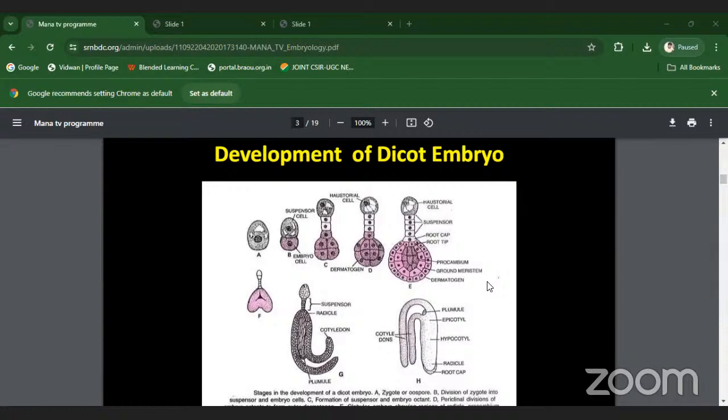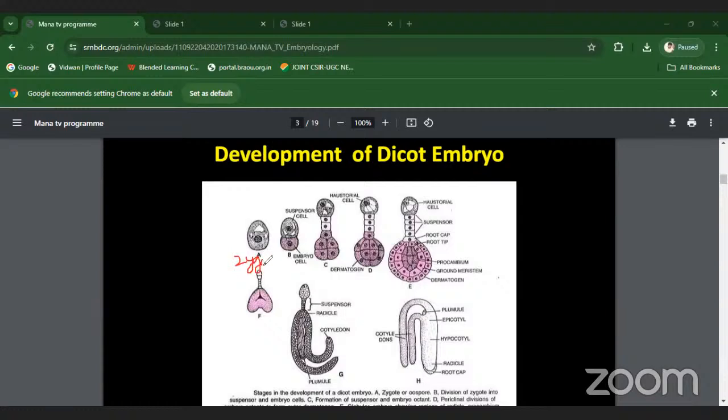In our book also the cruciferous type and monograde type are given, the cruciferous or monograde type. The best example is Capsella bursa-pastoris, where the zygote divides transversely. This is the zygote.